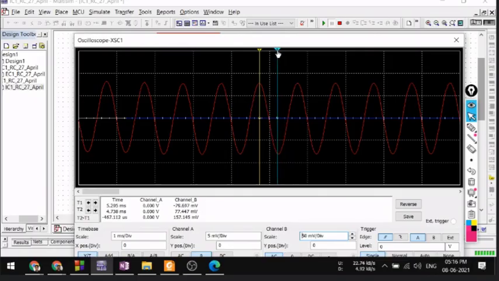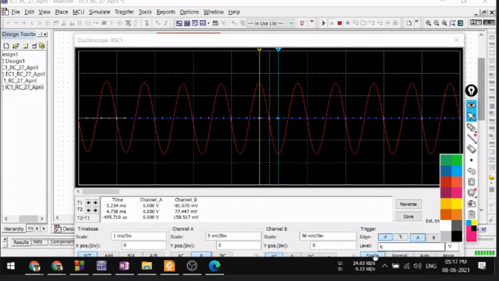Okay, let us pause it and put cursor one on the positive peak, and cursor two on the negative peak. So hope I have placed them at the right position. Okay, it's fine.